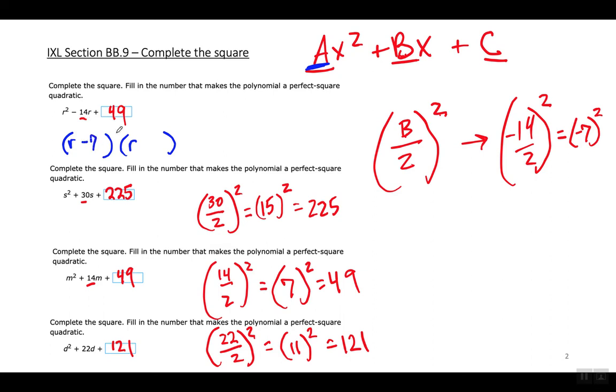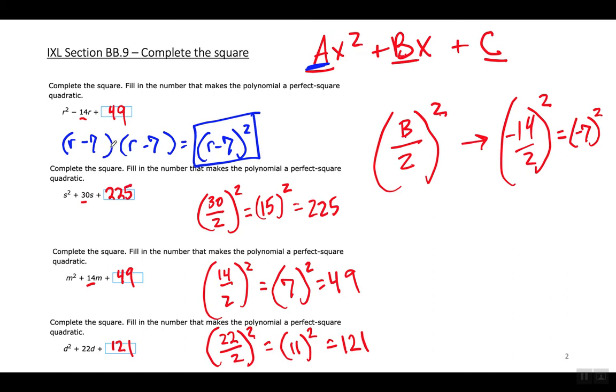Those two numbers are going to be negative 7. The way you would write this is like this, simplified. When you complete the square, it always gives you an answer like this. Now listen, in this IXL, you're not writing this answer. You're only writing this easy answer right here, 49. But I'm just giving you a preview of what it's used for.